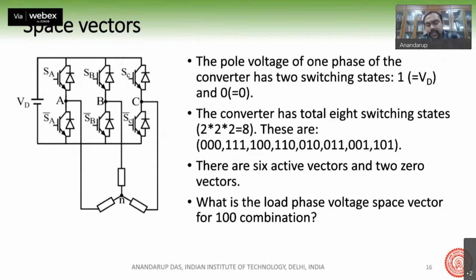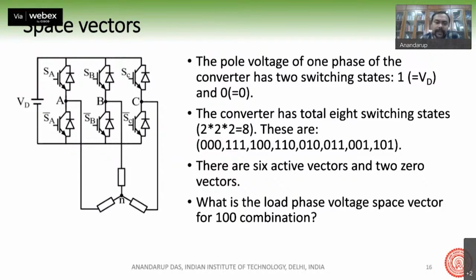Then if you have 8 switching states, 2 to the power 3, we will have space vectors in which there will be 6 active vectors and 2 zero vectors.